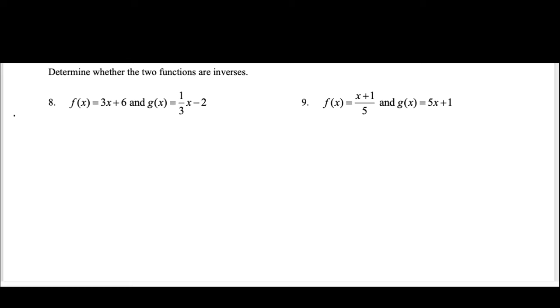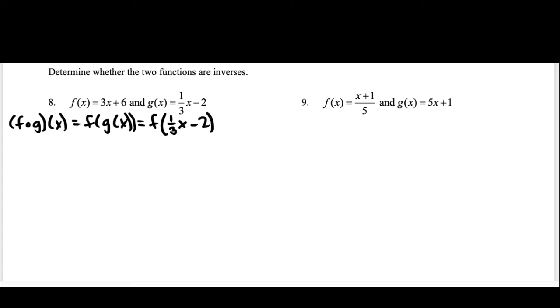So if we compose in this direction, this is equal to f of g of x, which equals f of 1/3 x minus 2.